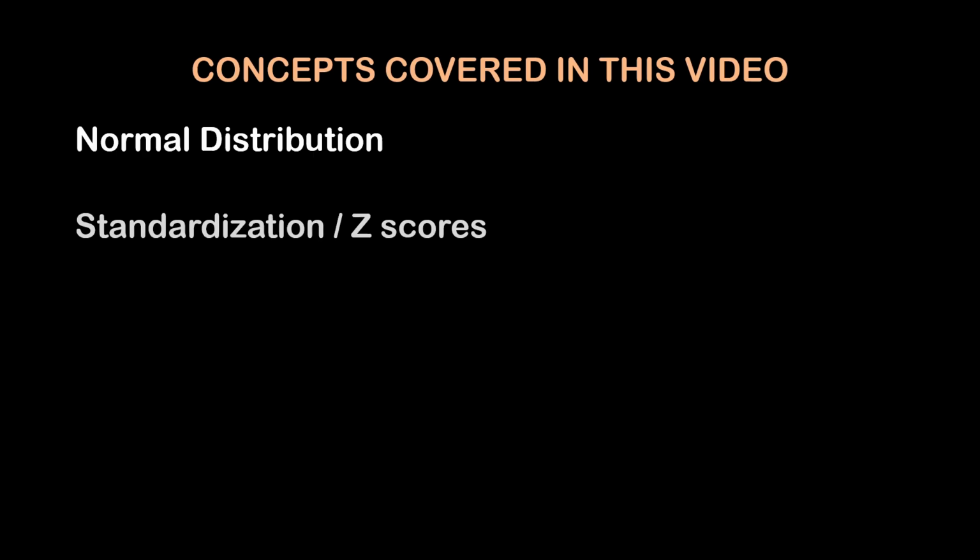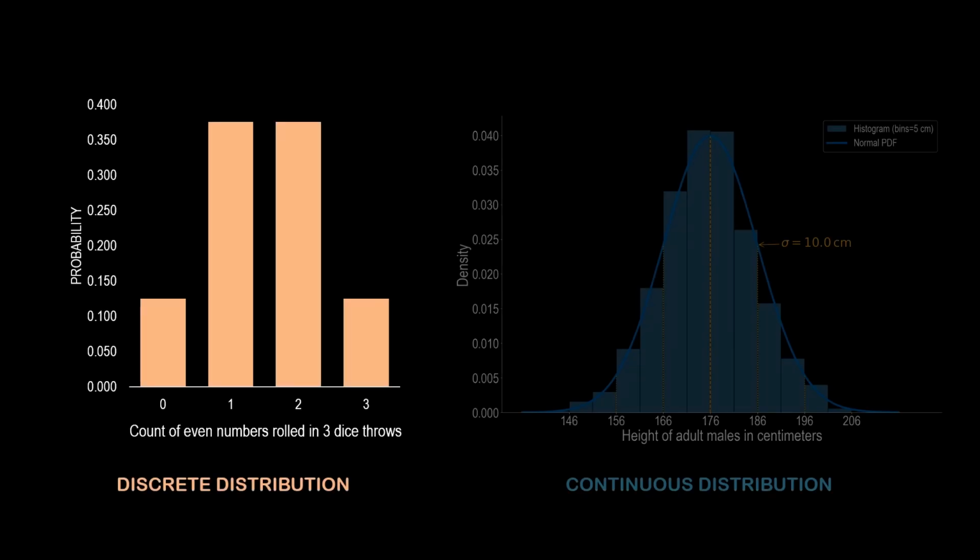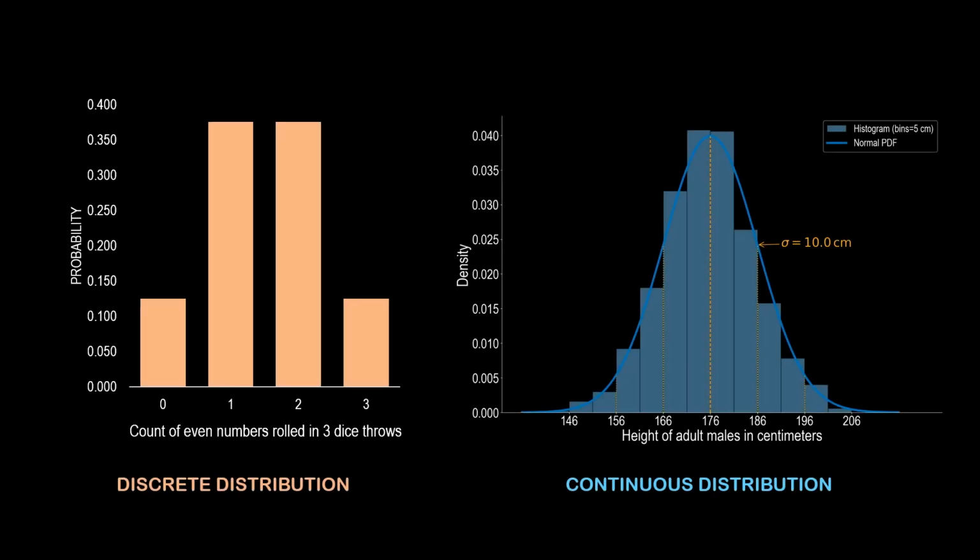This video will cover the normal distribution, standardization and Z scores, skewness, excess kurtosis, and modality. As a quick reminder, a probability distribution is just a tool that helps us understand how likely specific events or phenomena are to happen or to be observed in nature. And there are two main types of distributions: discrete distributions and continuous distributions.